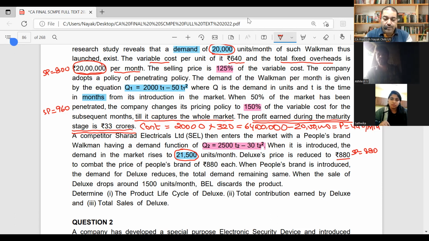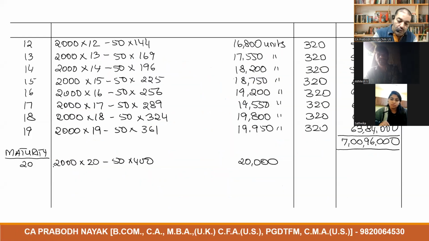So I go back to my statement. I'll show the calculation here. What will I write here?